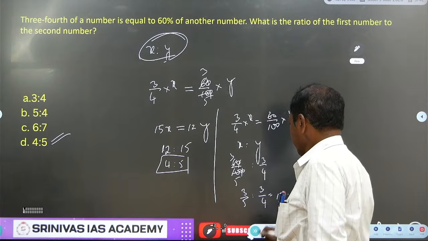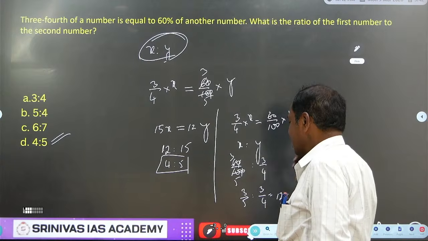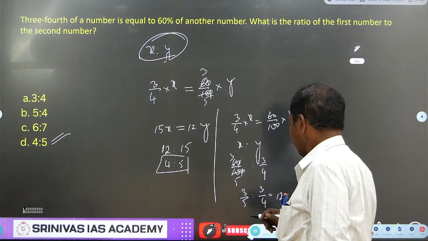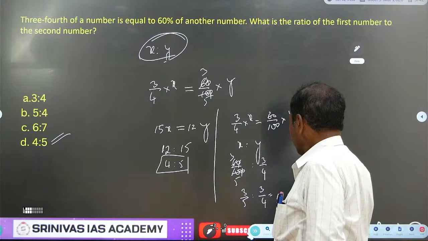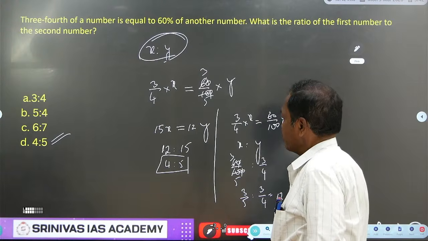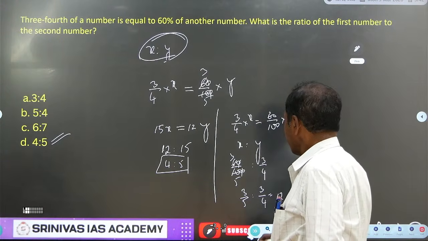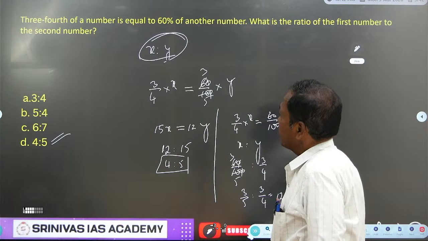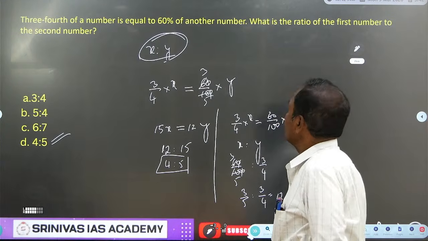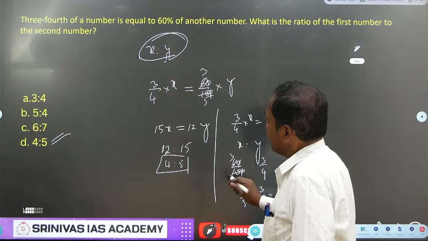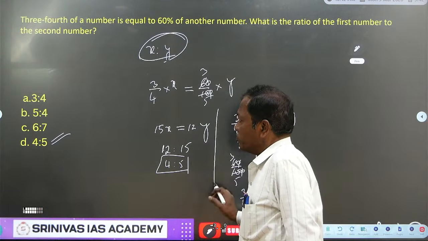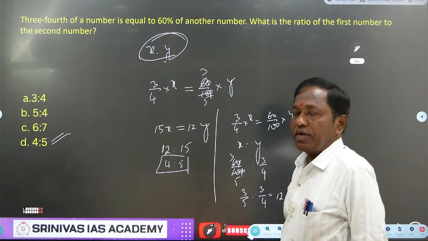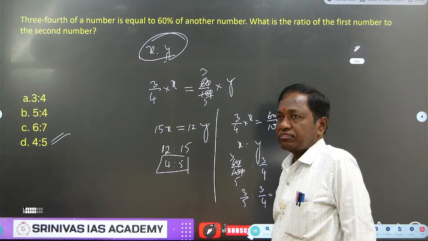Okay, see, that is it. Sir, I have a shifting confusion with x by y and 12, 15. It is still x by y equals 12 by 15, because that is a shifting confusion. x by y equals 12 by 15, that can be done. I'm also doing it either way. Sir, it can be 5 is to 4 also.